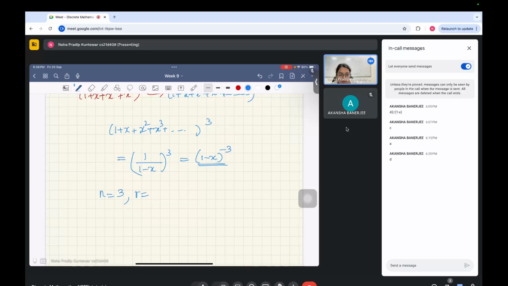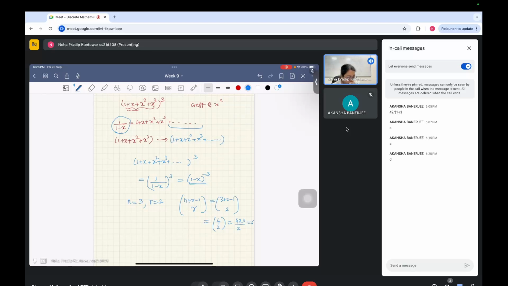Because you're looking for the coefficient of x square. So this is given by n plus r minus 1 choose r, which is 3 plus 2 minus 1 choose 2. This is nothing but 4 choose 2, which is 4 into 3 by 2, which is 6. So if you follow these steps, you'll get the answer of 6.